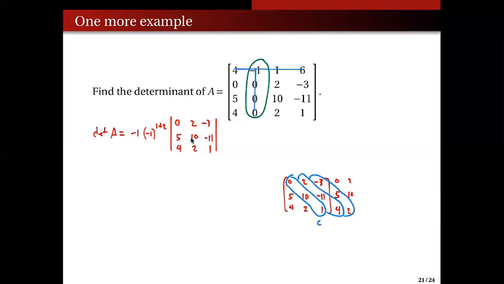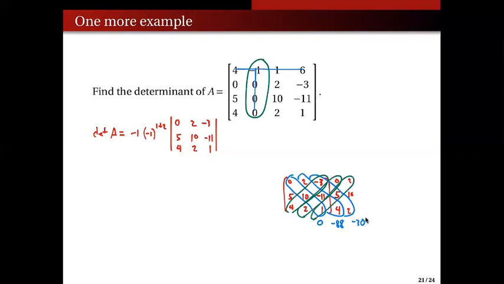So this is 0, 2 times negative 11 times 4, that's negative 88. And then negative 3 times 5 times 2, that's negative 30. And for going up, we have this diagonal here, this one here, and finally this one here.